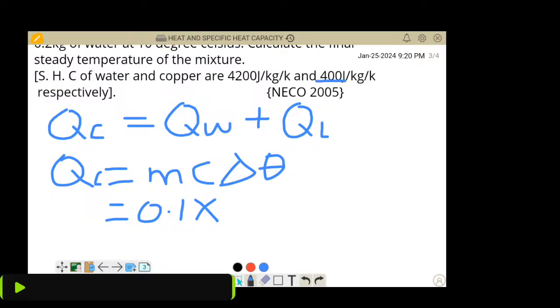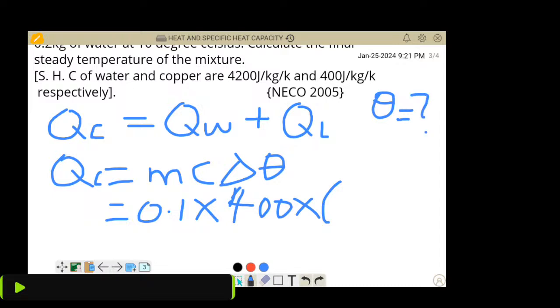We have that as 400. Now, what is the change of temperature of copper? Remember, we are looking for the final temperature. Let's call it theta. That is what we are looking for.